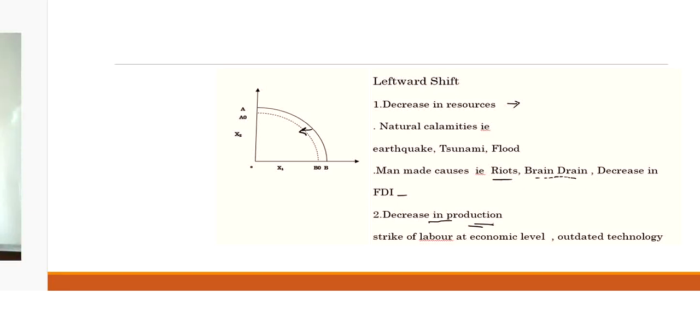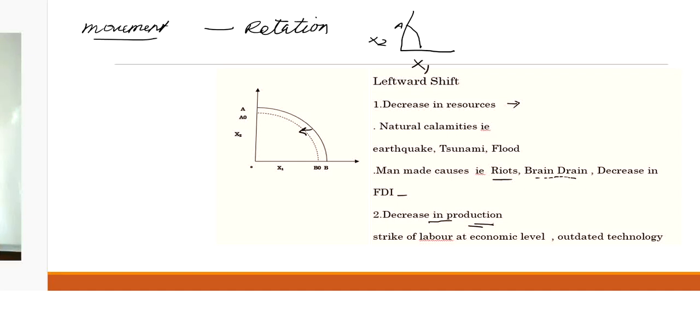Now the next is movement along the curve. The second type of change is movement along the curve. In movement, we will study rotation. In rotation, only one side will change, the other side will remain fixed. Like if you improve the technology of X2 commodity, this is your PPC. AB is your PPC, and you are producing X2 and X1 commodities.